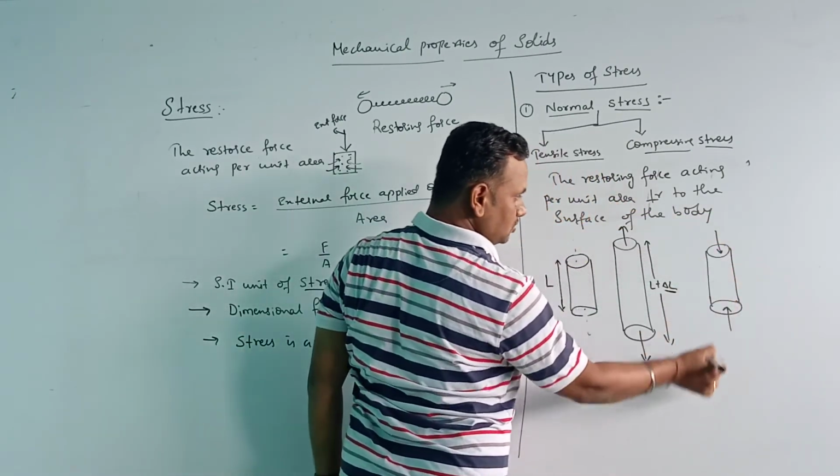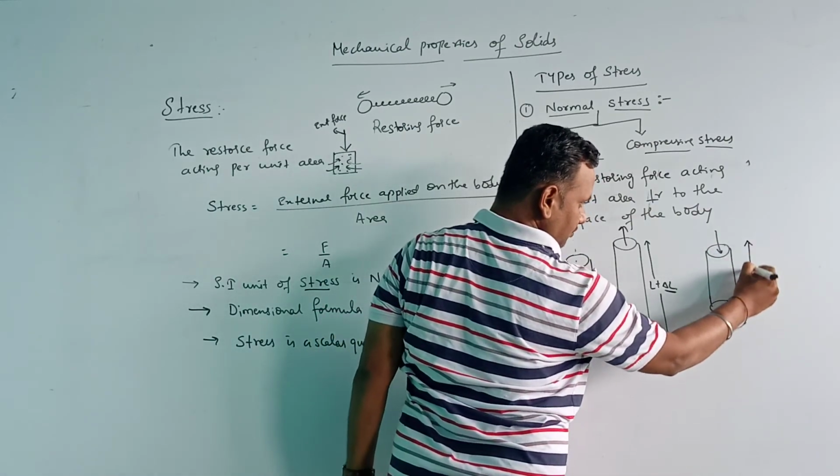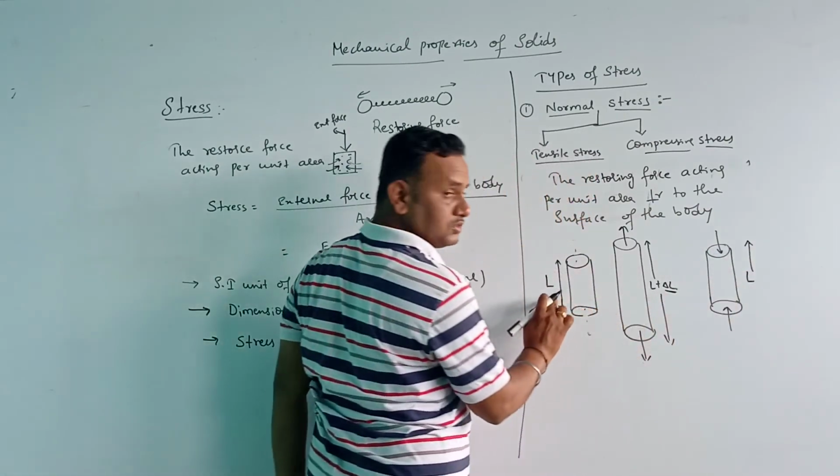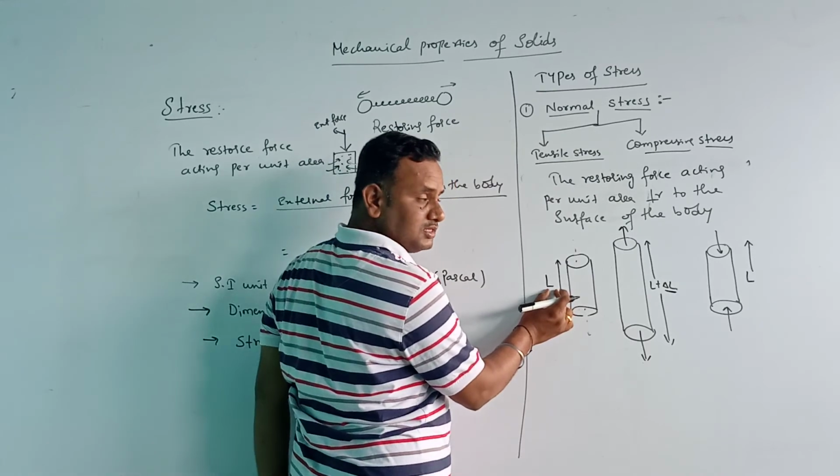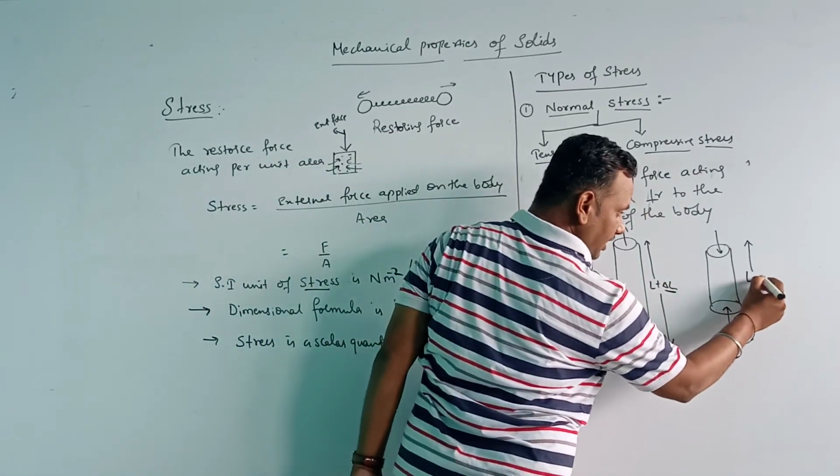Due to this, there will be a decrease in the original length. So the original length is L, then L minus delta L.